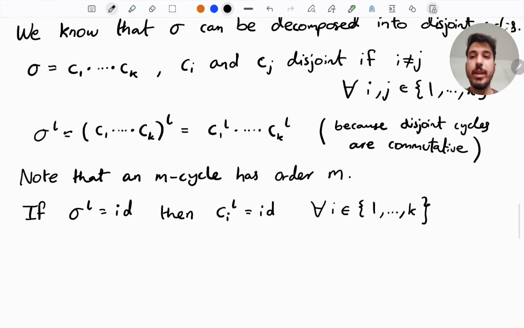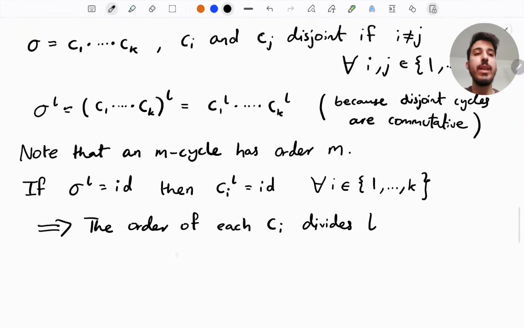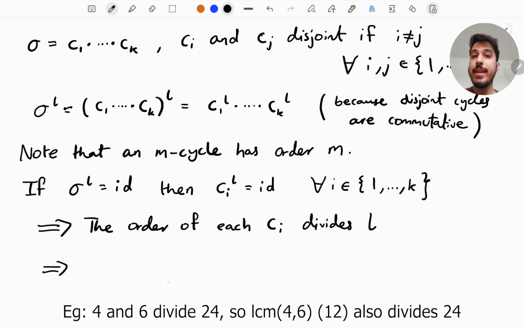So this implies that the order of each Ci divides L, because if Ci to some exponent gives the identity, then the order of Ci has to divide this number. That means that the least common multiple of the orders of the Ci's also divides L.